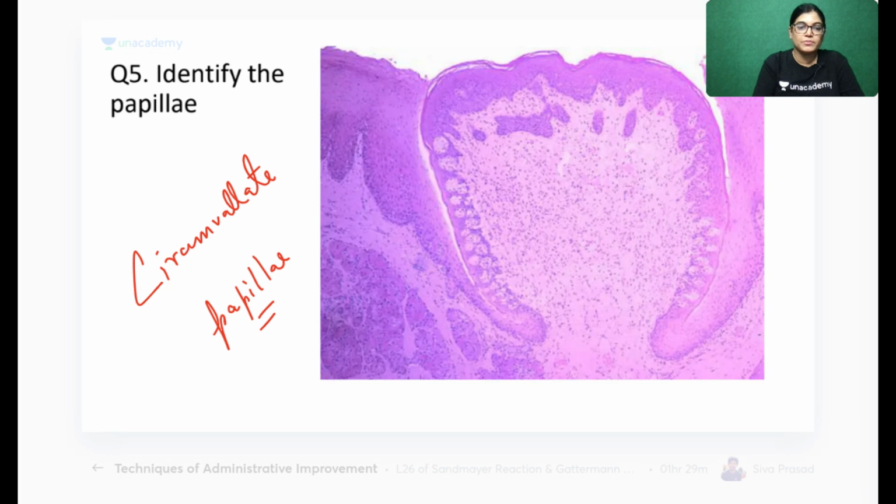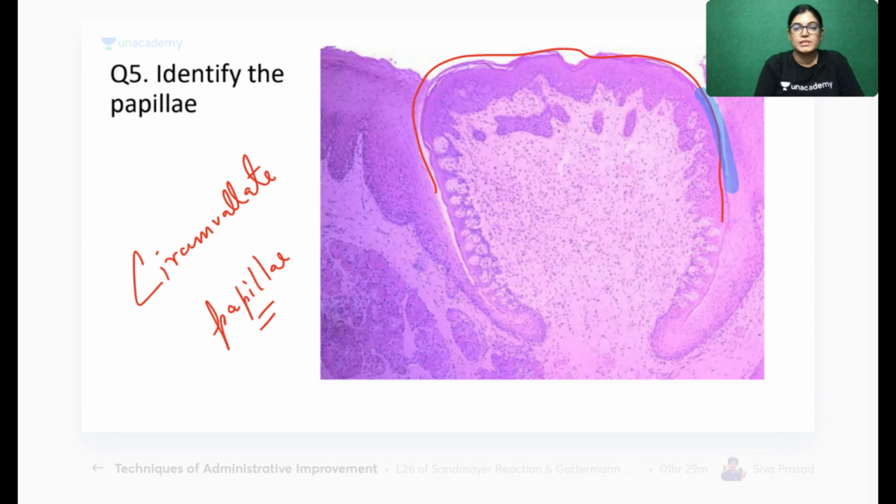What you can see is a broad upper aspect, and there is a moat on either side. Depression or moat is seen on either side of the circumvallate papilla.